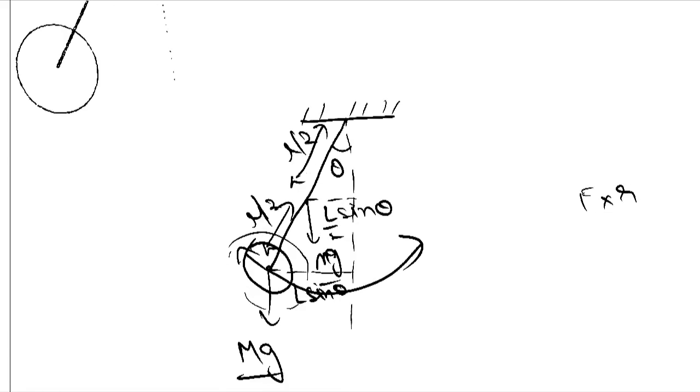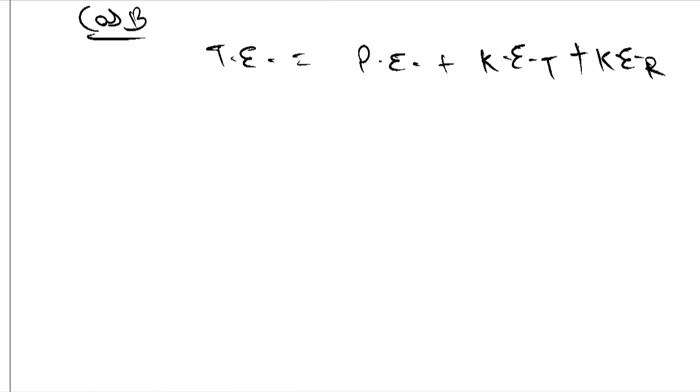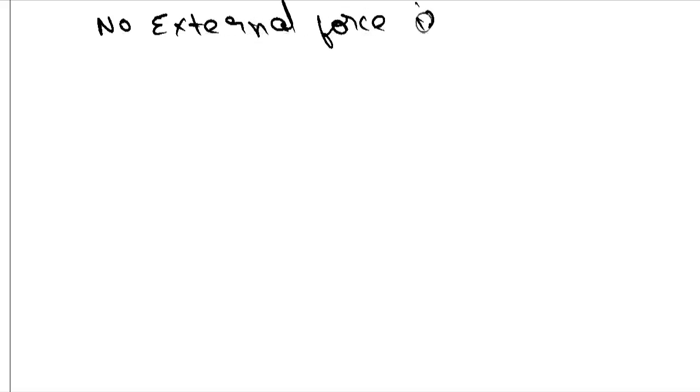So we can see there is no external force applied in both the cases. There are only two internal forces, capital Mg and small mg. So in both cases no external force is applied, so the total energy is conserved.